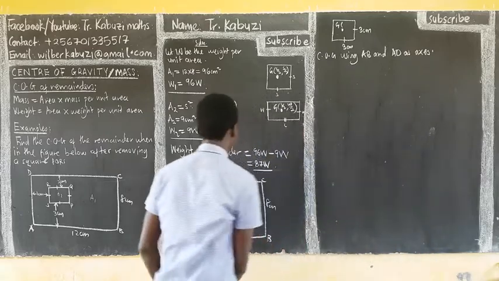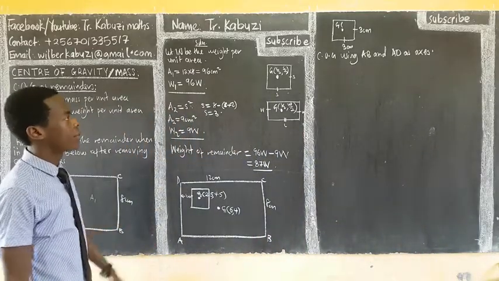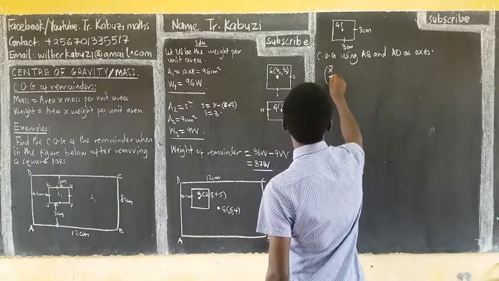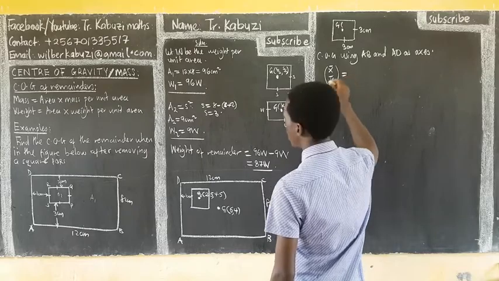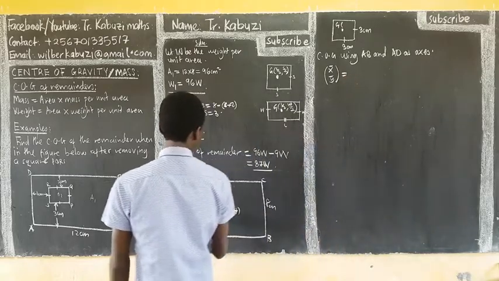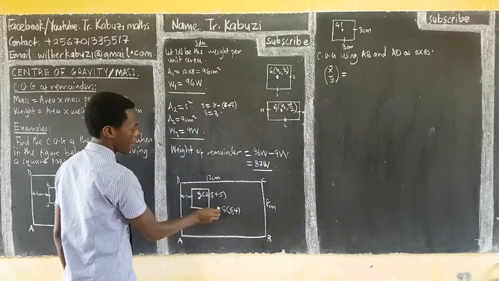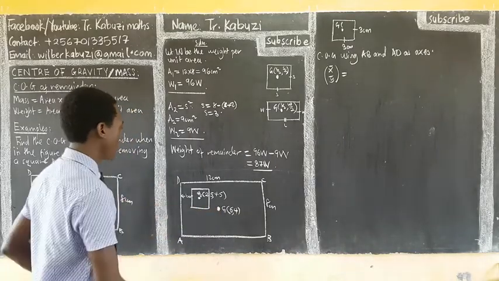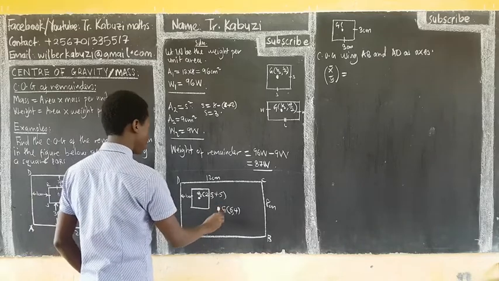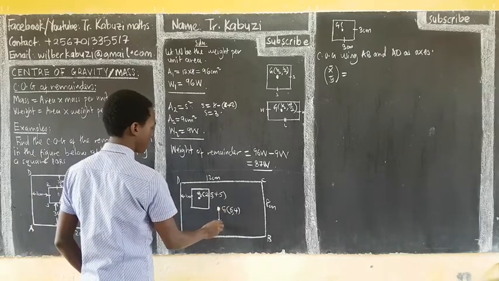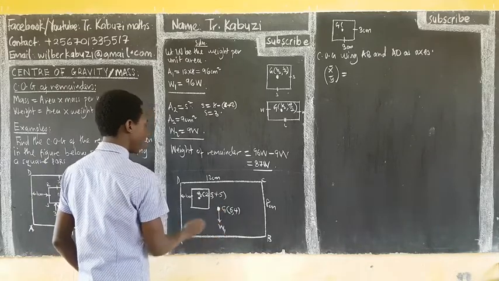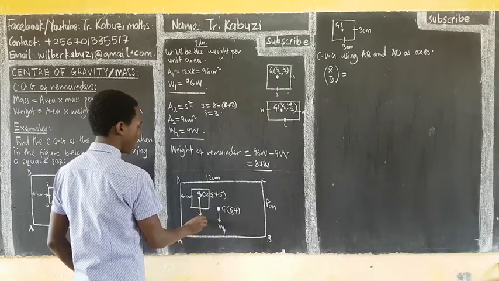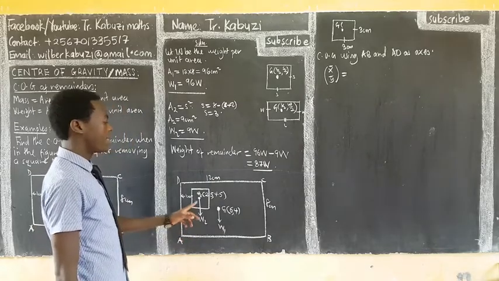Now what's going to happen? To get the center of gravity, of course, it's going to be x bar, y bar. Now our first weight, the weight of the remainder, is going to act here. So here you're going to have our weight 1. And here you're going to have our weight 2 acting there. Remember this one is outside.